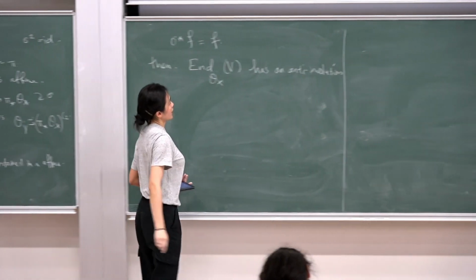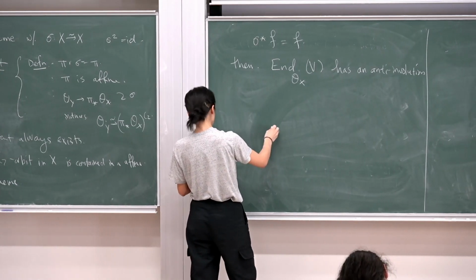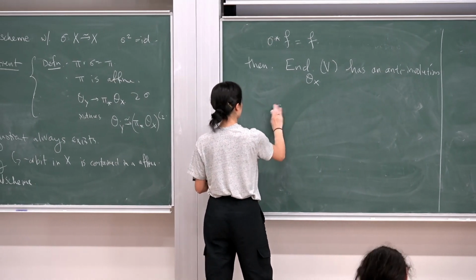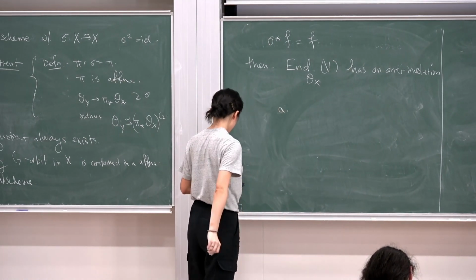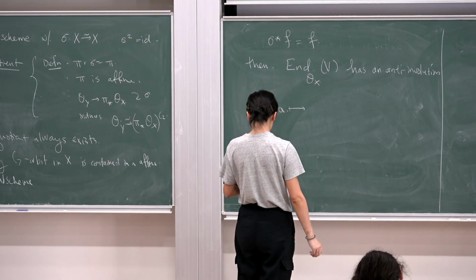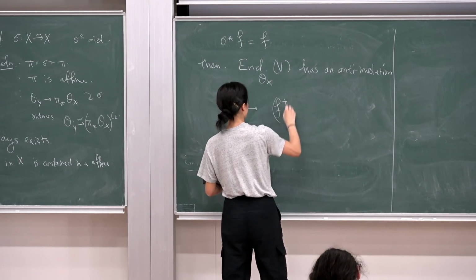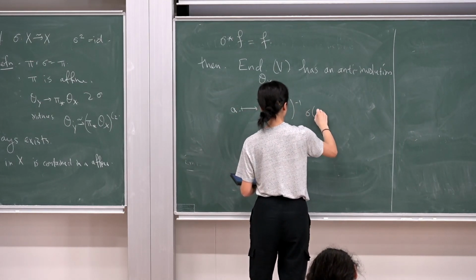I'm just going to stop writing "of the second kind." Okay, and what is that? That's given by sending some matrix, if you will, A, to, let me conjugate with an adjoint of F and apply sigma.